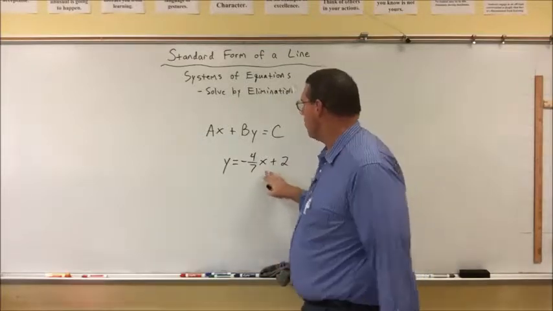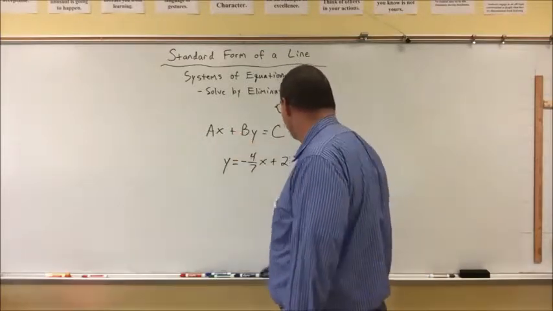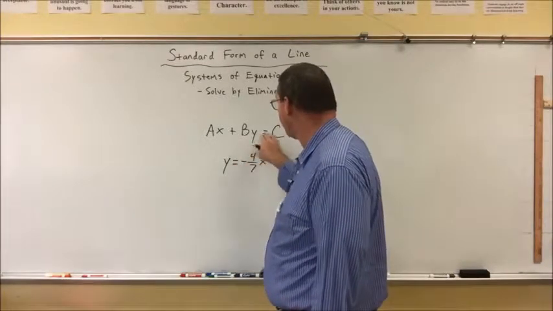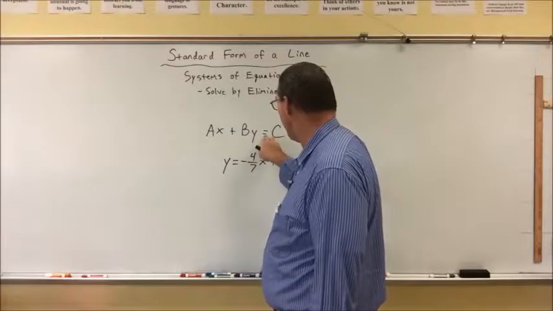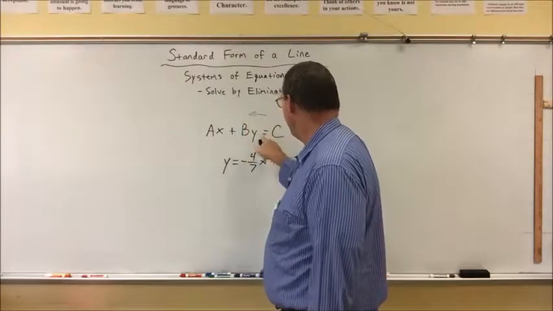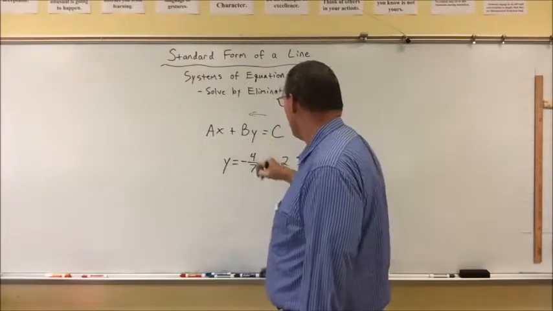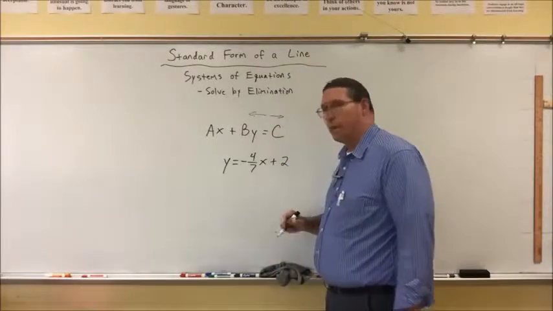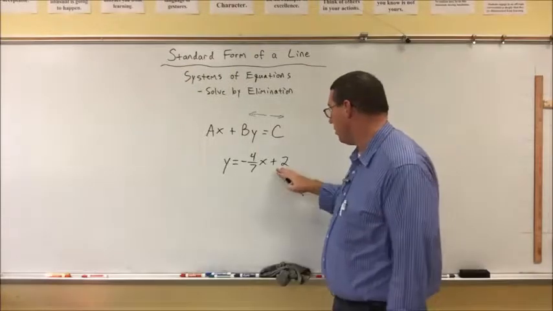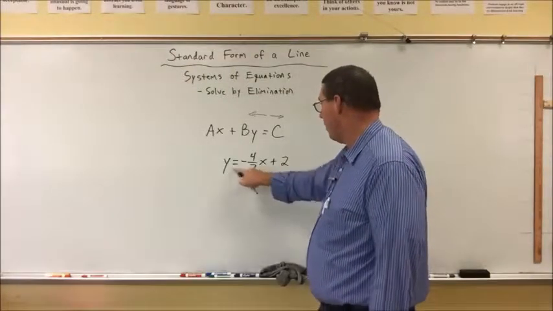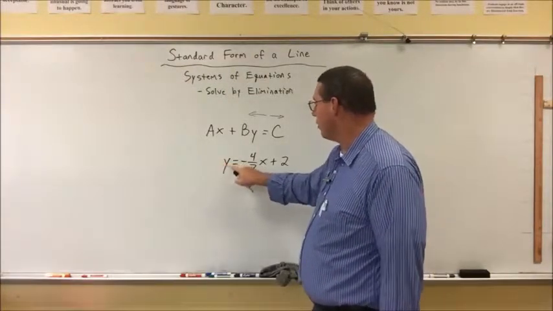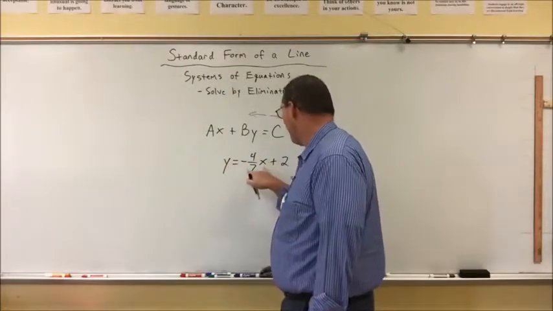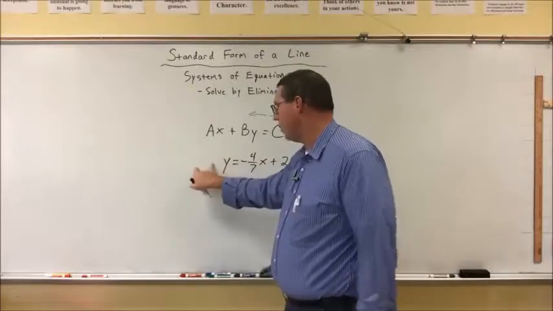To turn this into the standard form of a line, we already have the y term on the left side of the equal sign, and the constant is already on the right side, but the x term has to be moved from the right side over to the left side.